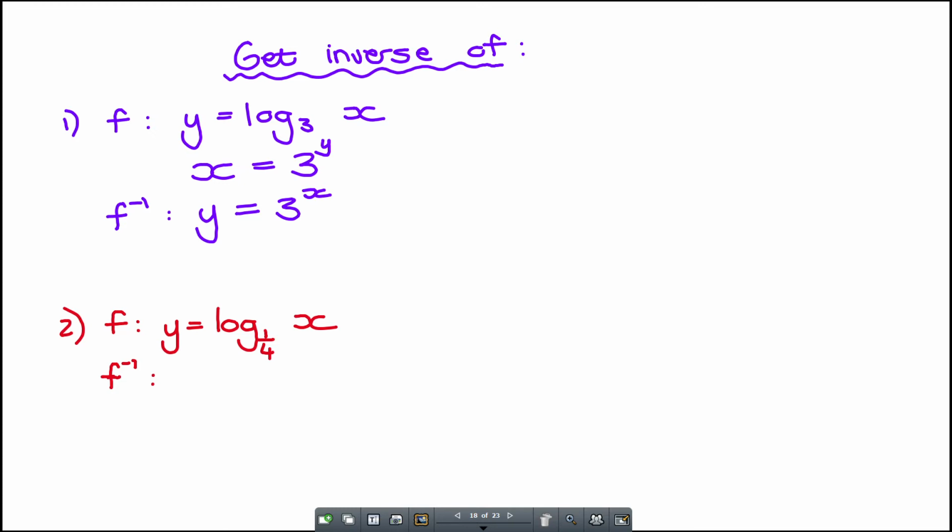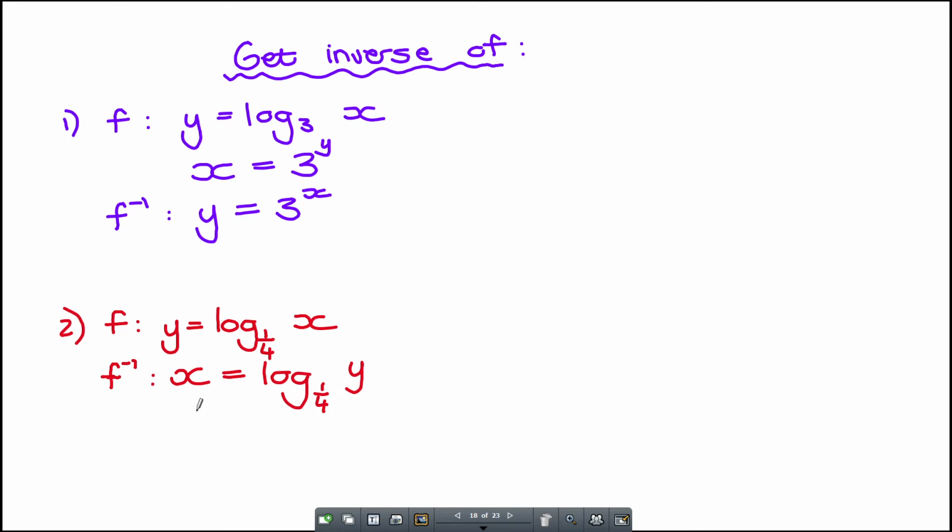Okay. Good, let's quickly look at the red one. The red one, this time let's first switch our x and y values, meaning it will become x is equal to log base 1/4 of y. And now I'll quickly write that in exponential form, because they want it as y is equal to something.